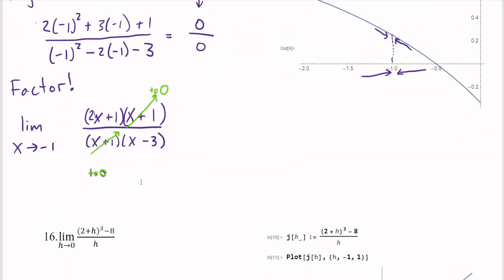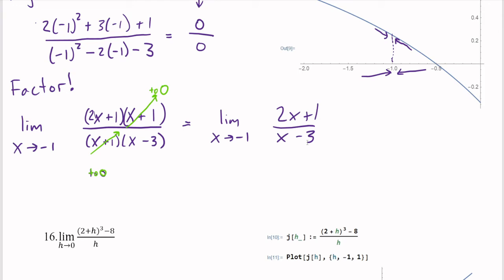So let's rewrite limit x approaches negative 1 of now 2x plus 1 over x minus 3. Algebraically, these are the same function now as I'm away from negative 1. Because that's all the limit cares about. It doesn't care about what happens at negative 1, actually. Just near that, what's happening.